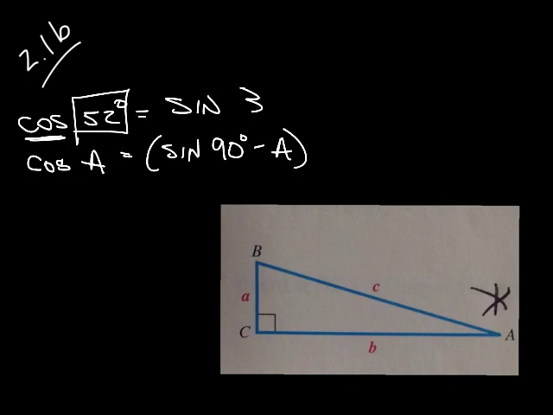So this is going to be a 38-degree angle. If the cosine is 52, the sine is going to be 38.